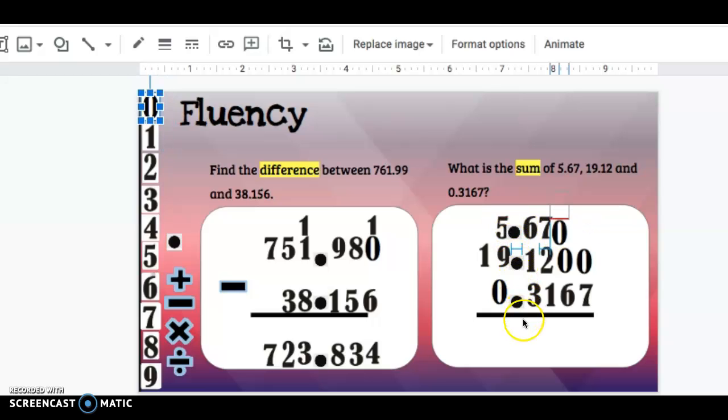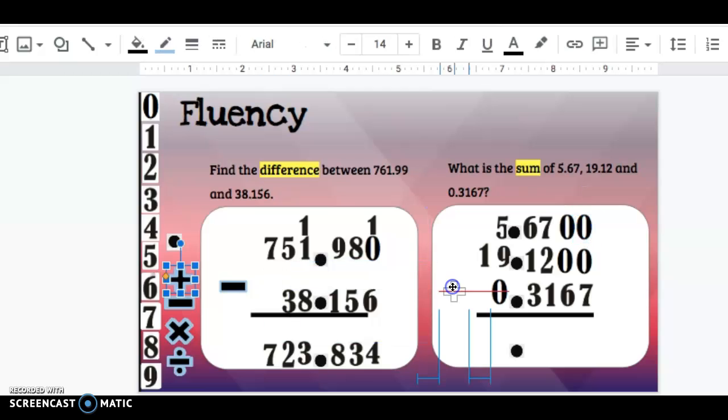So then I'm going to drop my decimal point straight on down. Dropping it down, drop it down. So I know that sum means to add. Okay, my decimal point is dropped down, so I can now start adding.